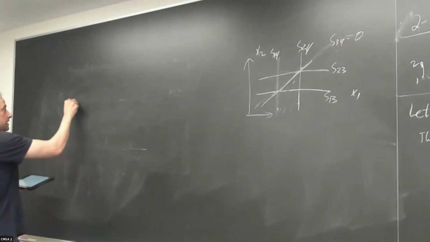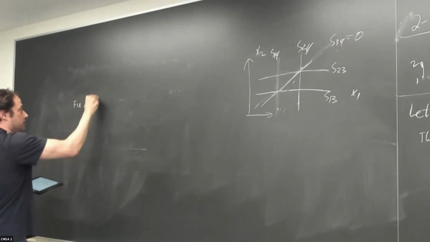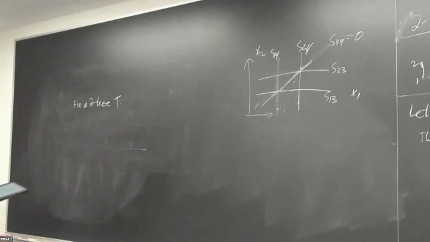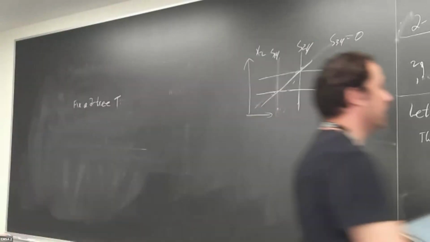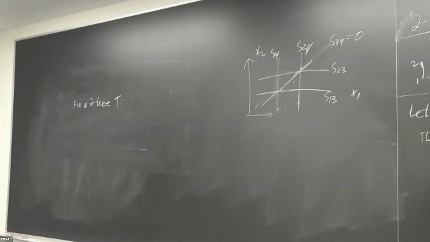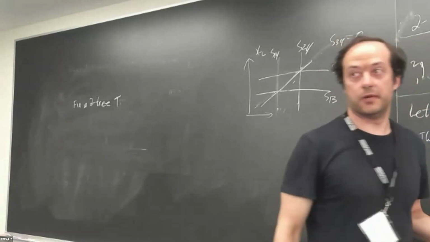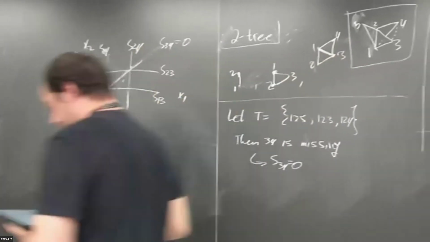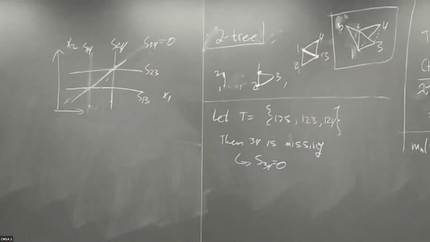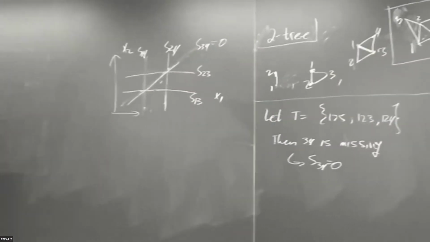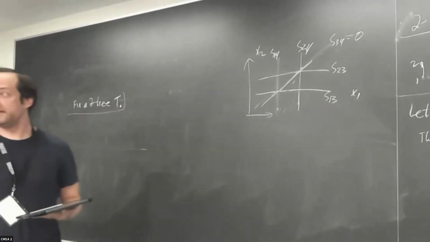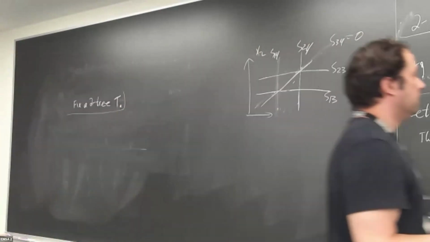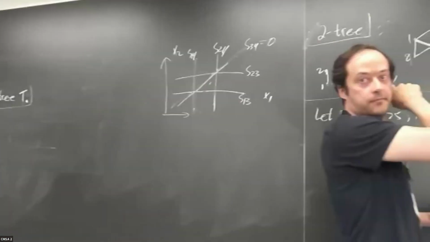So fix a 2-tree T. This is a collection of triangles where I do put in the triangle 1 to n. Then we're going to construct all linear extensions, or all cyclic extensions, of the set of triangles in the 2-tree.